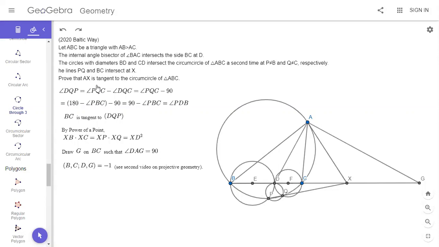Let me see Irijon's way. Let X prime be the intersection of BC and the A tangent. ABC and PDQ. I'm trying to understand. Okay.